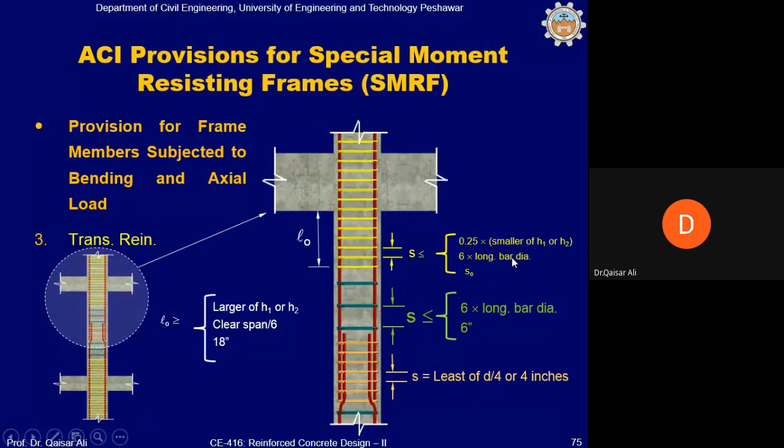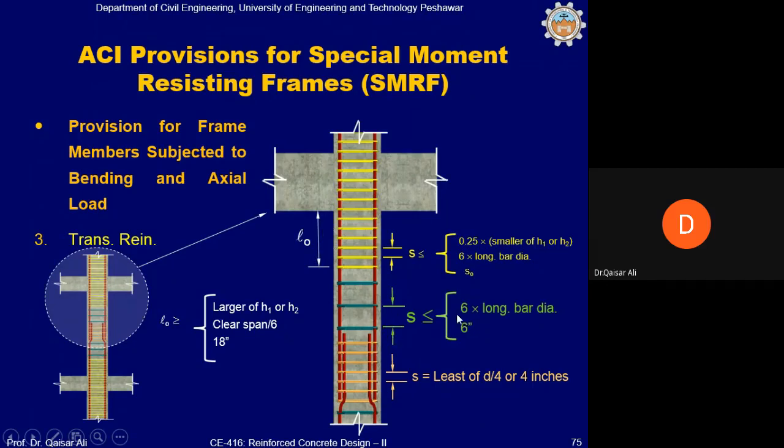Let's say if the bar is 1 inch, so this will be 6 inch, or S0. S0 will be explained on the next slide. Very seldom will you need this S0. Usually you will need 0.25 and 6 times longitudinal bar diameter. So whatever the least spacing comes from these three equations, that least spacing shall be used as spacing of ties within this L0 region. Okay.